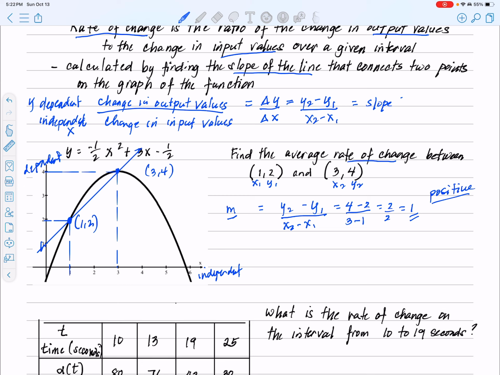But you may ask, how about if I interchange? I made the 3, 4 and 1, 2 as x1, y1, and this is x sub 2, y sub 2. Do I still get the same slope? Let's check. And I said yes.